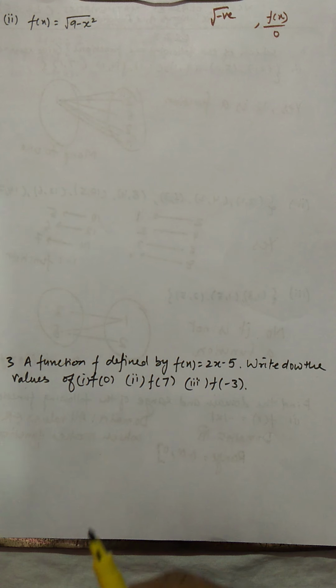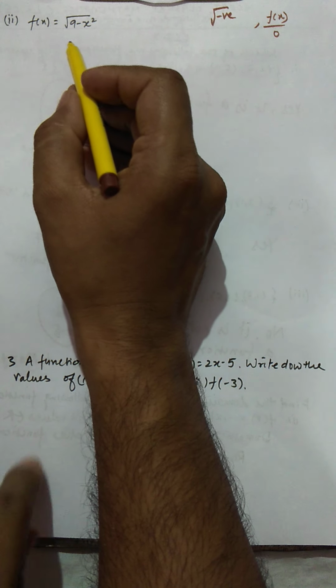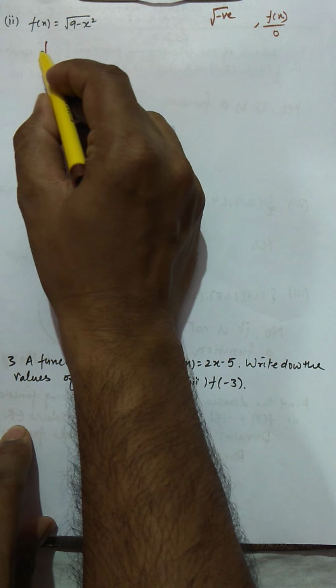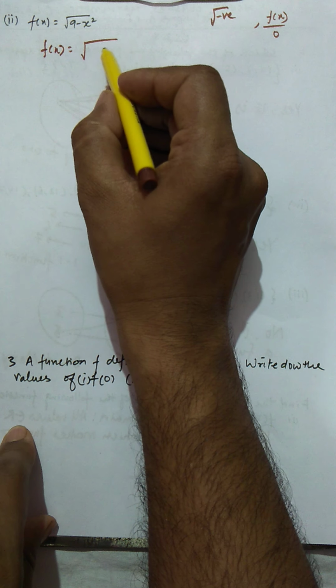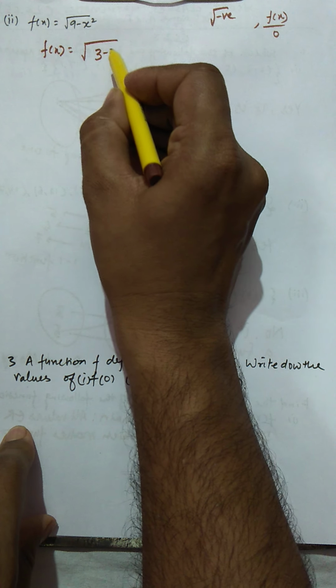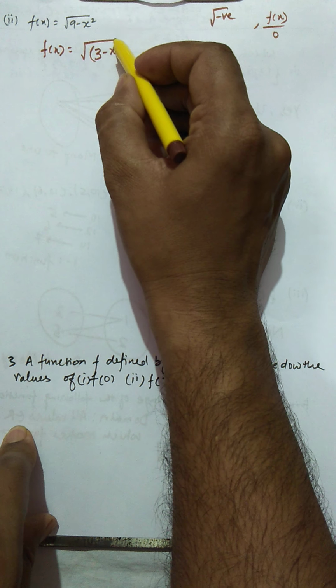And if a function is not defined, you have to remove that value which makes the function not defined. For example, now you see I can write this as f(x) equals 9 minus x square. This you can write as 3 minus x, 3 plus x, using a square minus b square equals a minus b times a plus b.